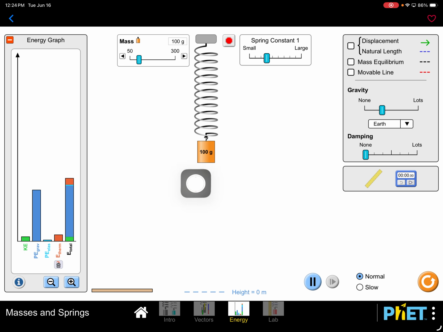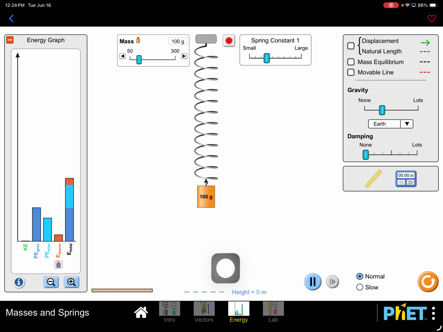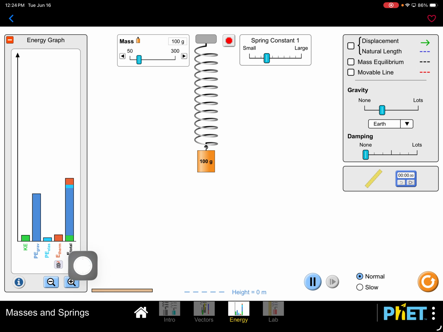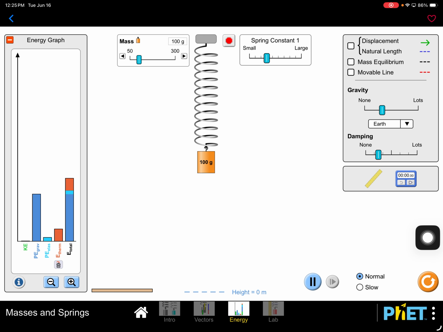And all that is happening when a system is oscillating, energy is being converted from one form to another. How long will this oscillate? Forever, as long as there's no damping. So for a system to oscillate, you have to have multiple forms of energy, and you're converting energy from one form to another.